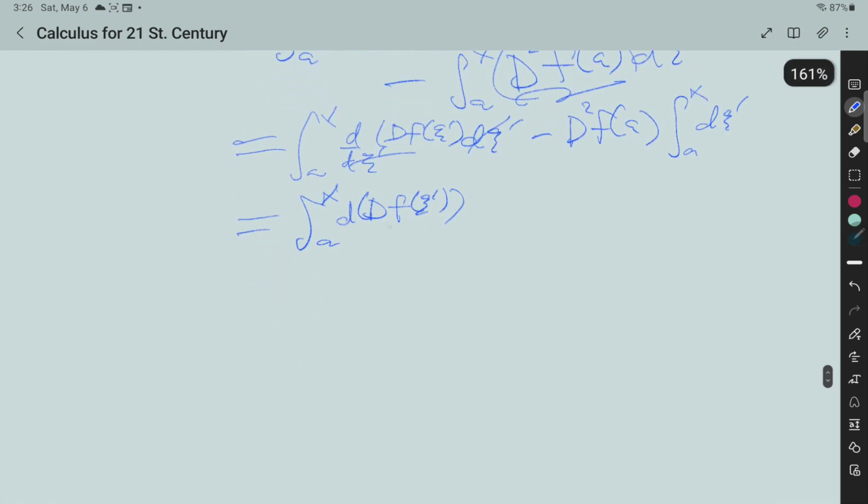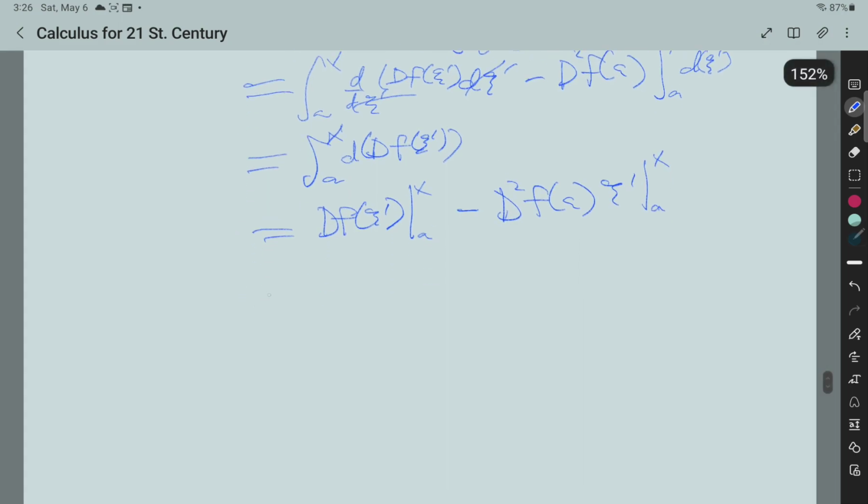The answer to that term is just d of f of c prime evaluated at a to x, minus the second term, minus d squared f of a, which is a constant term. And then the integral here would become c prime, because whatever is inside this differential is going to be the answer to that integration, evaluated at a to x.